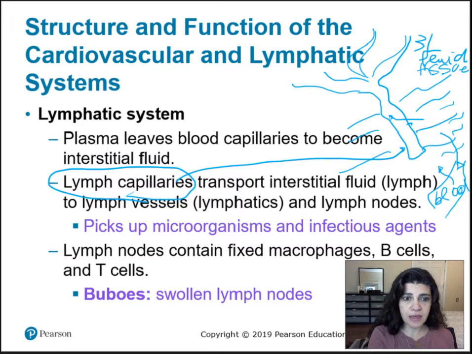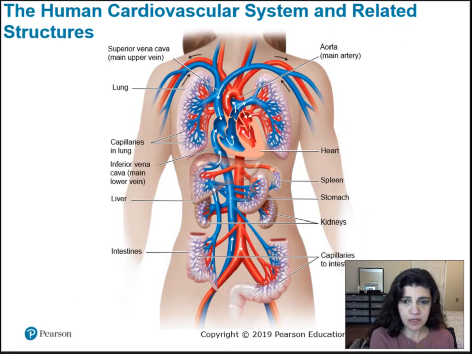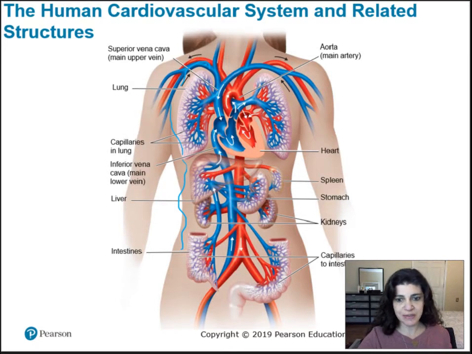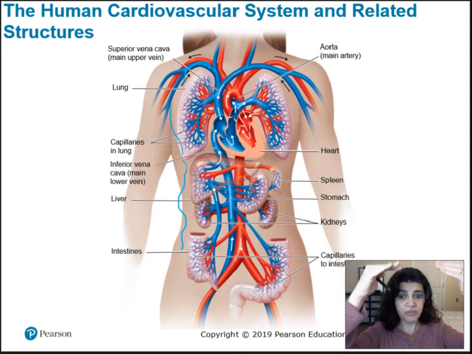If we go back here to our cardiovascular system, the lymphatic vessels are like here, right? And they're like here, and they're going to dump it back into the veins. And then it goes back to the blood, right? So the lymphatic system is from tissue up to the vein, to the jugular vein.